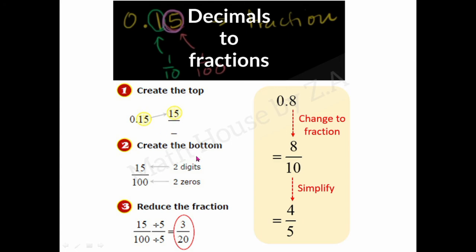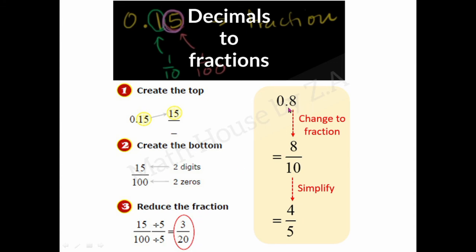Then create the denominator. Here you have 2 digits after the point, so in place of the point you put 1, and put 2 zeros after 1, so it becomes 15 over 100. Now reduce the fraction, or write it in the lowest form. Divide 15 by 5 and 100 by 5, so it becomes 3 over 20. 3 over 20 is the lowest form of 15 over 100.